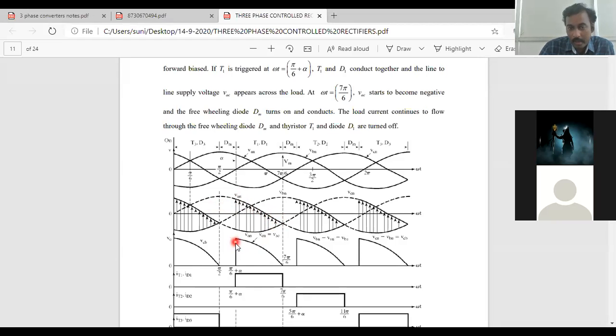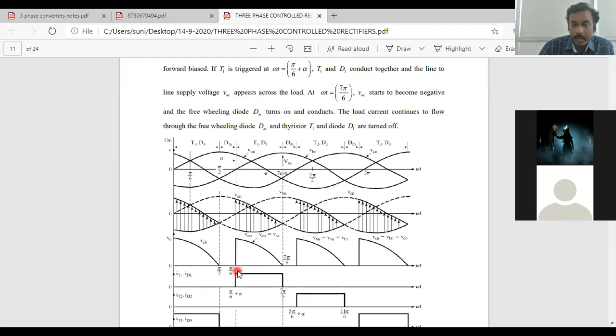So you are going to have an output voltage with two components: VAN and VCN. VCN is the voltage provided for phase C, and VAN is the voltage provided for phase A. The resultant of these two voltages is the output voltage.